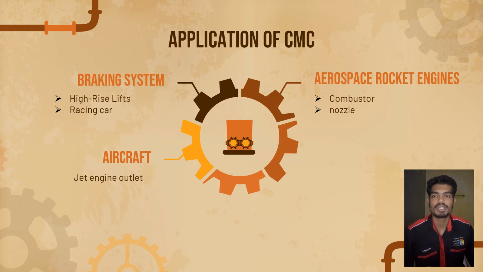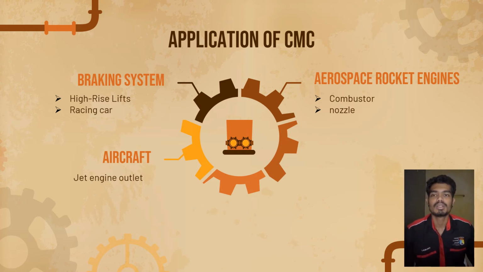By the time the lift is stopped, the temperature can increase up to 1200 degrees Celsius, and CMCs are very suitable for this application because they can withstand the temperature.